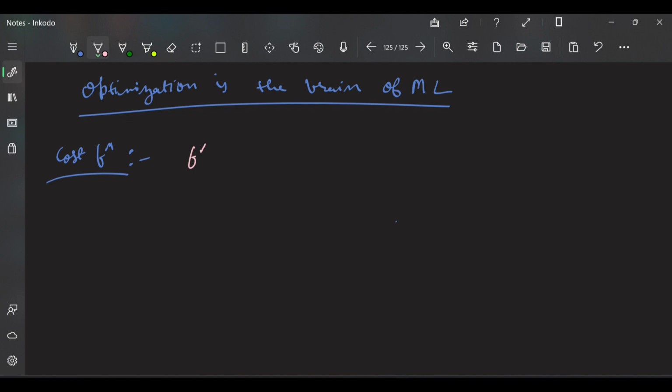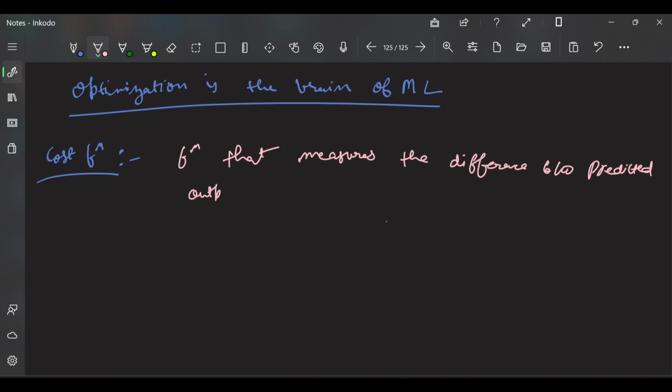So the goal is always to minimize this cost.